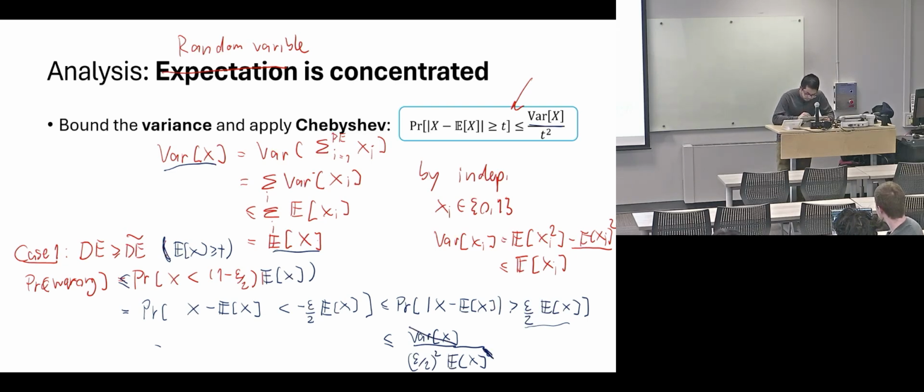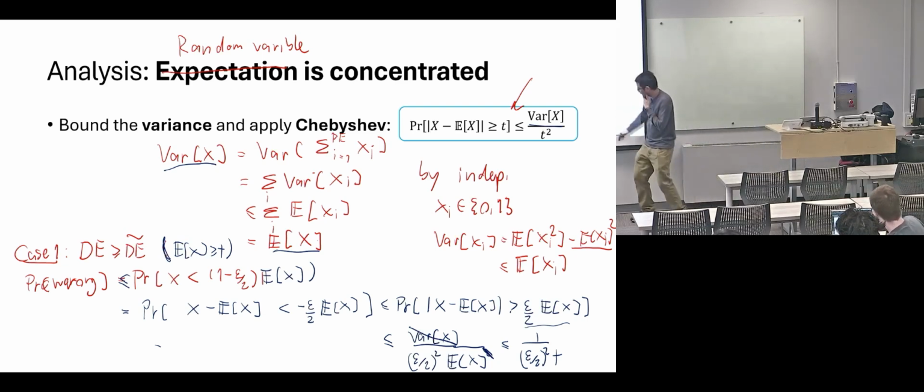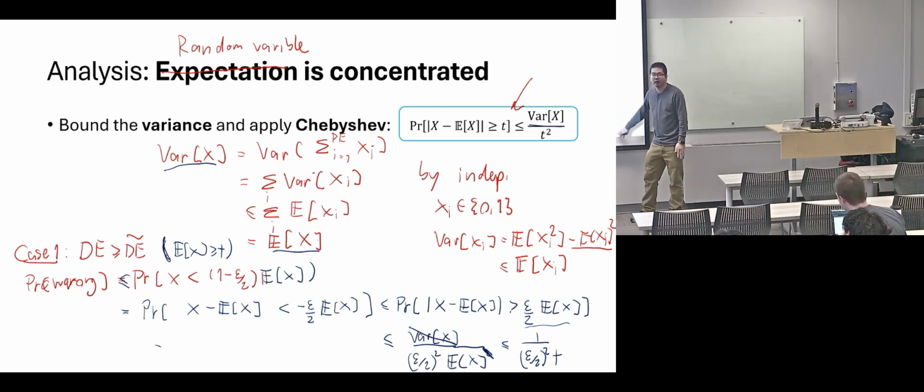So this is basically going to be this thing, because t is at least this. So now you see that when t is big enough, then this is going to be small.